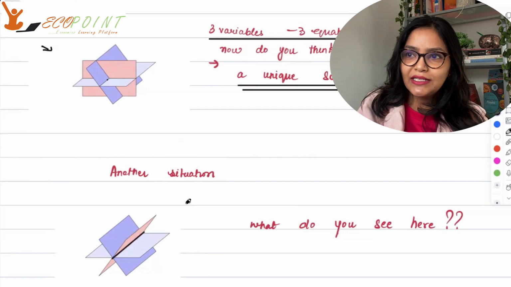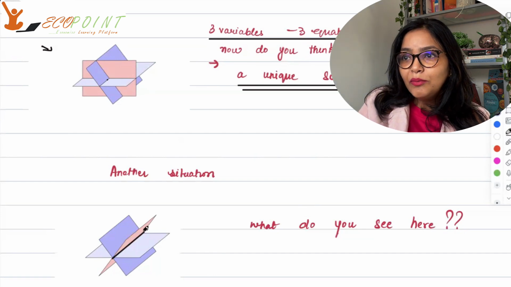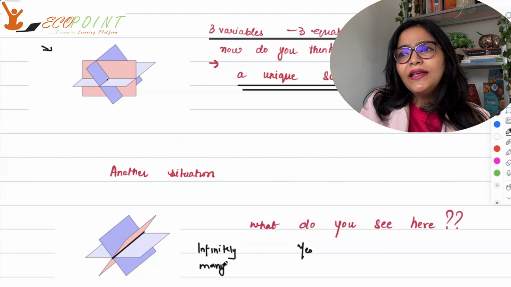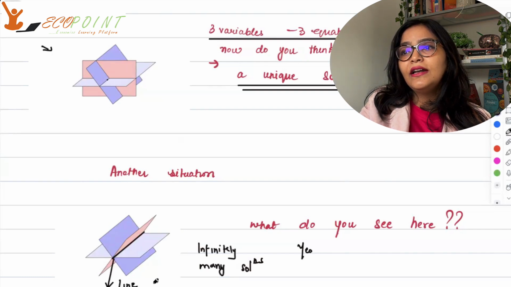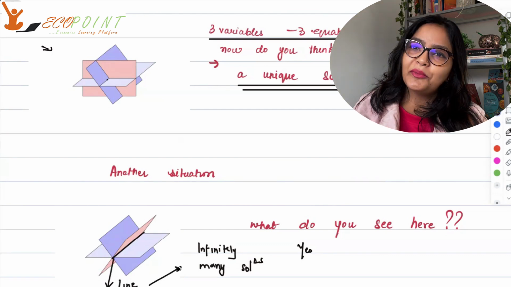This will be the easiest way to fit the three cardboards into each other. Well, there will be an entire line. The answer is yes for infinitely many solutions. Now, why infinitely many solutions here? For a simple reason: there is one entire line, and there are infinitely many points that satisfy a particular line.